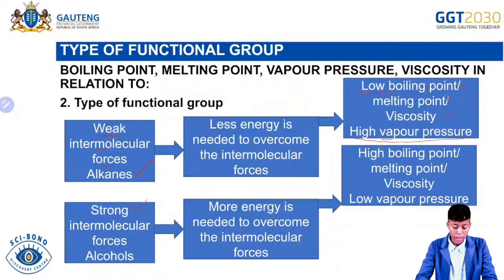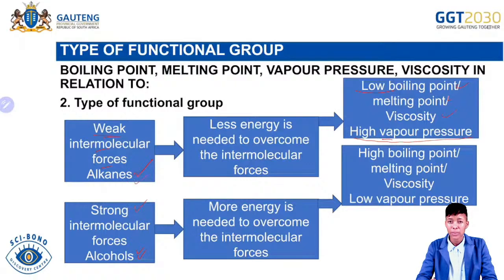Then if we have strong intermolecular forces, remember the last column there was what? Your hydrogen bonds, and then under hydrogen bonds we have alcohols. With your alcohols, we are saying they're stronger than your alkanes.